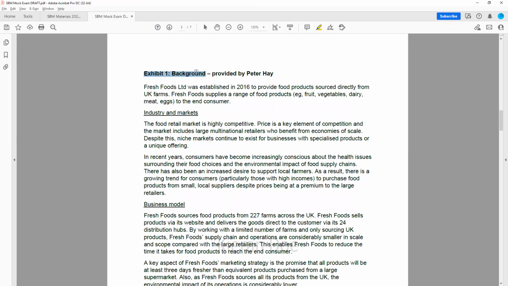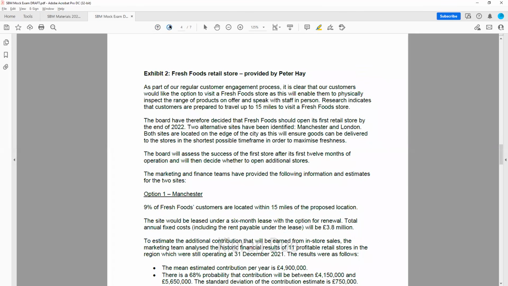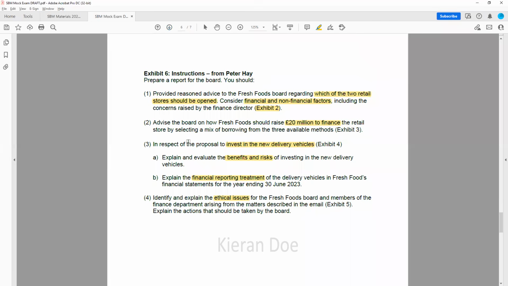So you'll always have the first exhibit, which is the background on the company, and then you'll usually have 3 or 4 more exhibits. Now, as you can see from the requirements, question 1 relates to exhibit 2. Exhibit 3 is question 2, exhibit 4, and then exhibit 5 here.